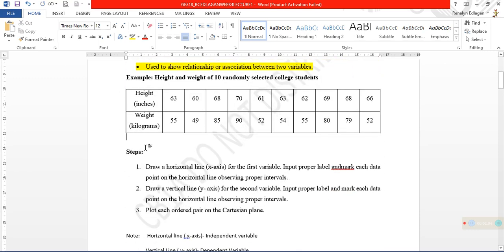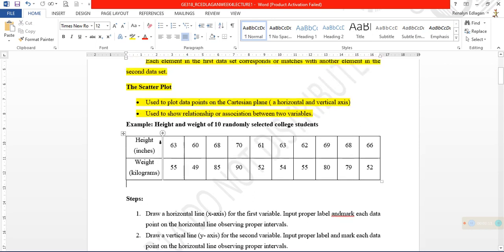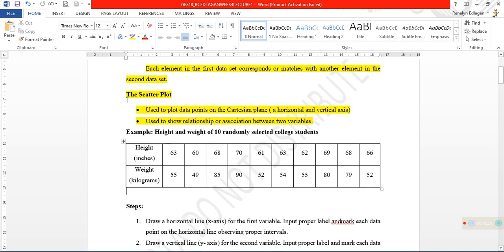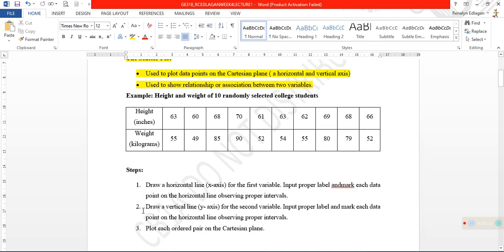Now, let's read the following steps. When constructing scatter plots, first you have to draw a horizontal line. This is the x-axis for the first variable. And then, after that, input proper label and mark each data point on the horizontal line, observing proper intervals.